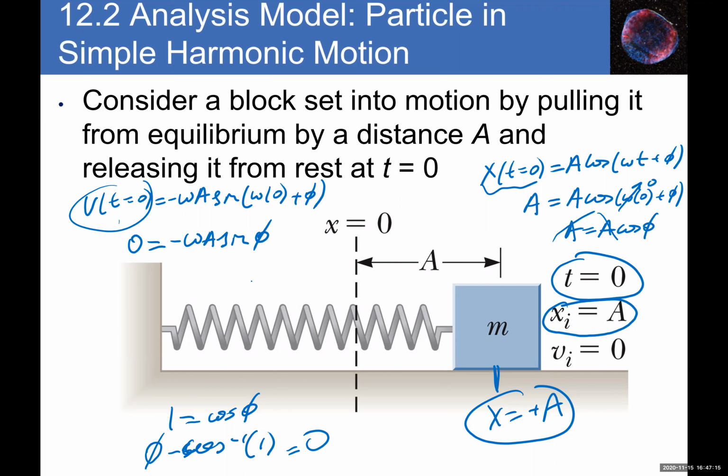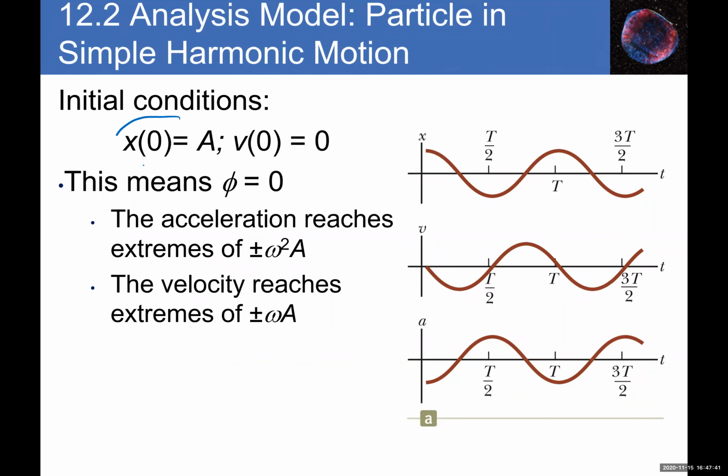Now one thing I know here is omega is not 0, A is not 0. That means this product, omega A sine of phi, cannot be 0 because of omega or A being 0. It can only be 0 if the sine of phi is 0. And under which conditions is sine of phi 0? If phi equals 0, because sine of 0 is 0. And that's what we have, right? So using these initial conditions, x of 0 equals A and v of 0 equals 0, this means phi equals 0, like I showed you.